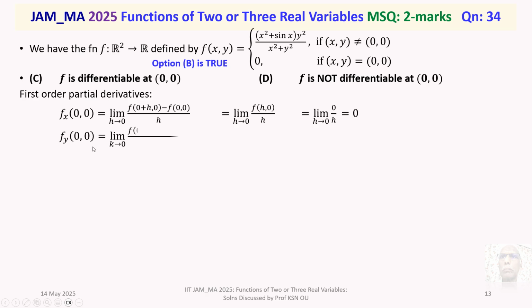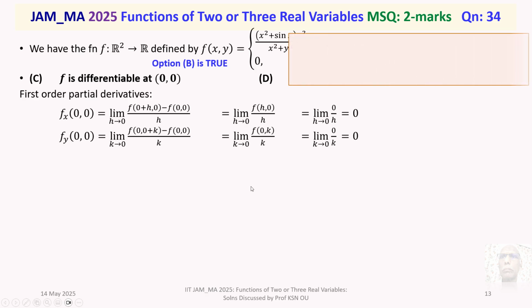Fy at 0 comma 0 is limit k tends to 0 of f of 0 comma 0 plus k minus f of 0 comma 0, by k, and f of 0 comma 0 is 0. This is limit k tends to 0 of f of 0 comma k by k. Now f of 0 comma k, x is equal to 0, y is equal to k, substitute, this will be 0. So both the first order partial derivatives at the origin exist and they are equal to 0.